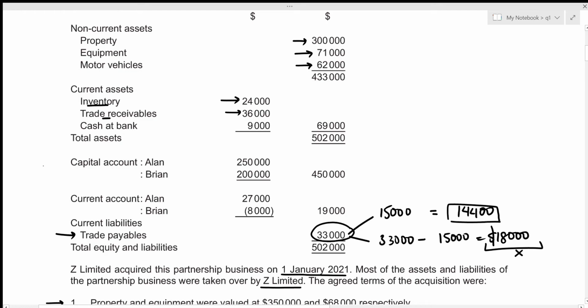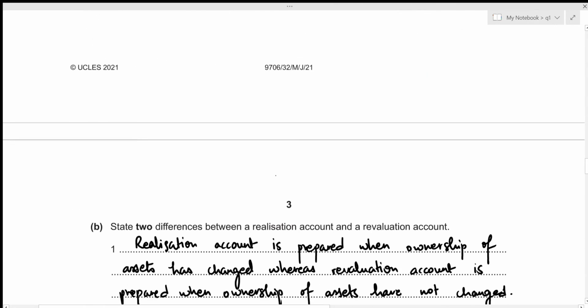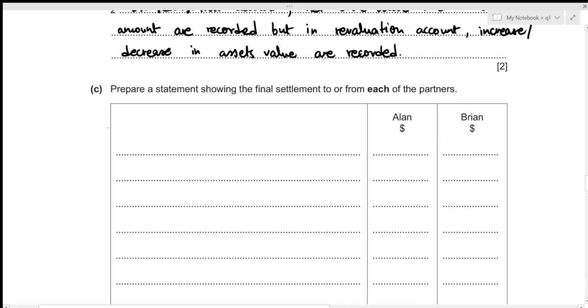And we have our capital accounts right here. For Alan, it amounted to 250,000, and for Brian, it amounted to 200,000. Let's record this value. So this is the value for capital account, 250,000 for Alan and 200,000 for Brian.